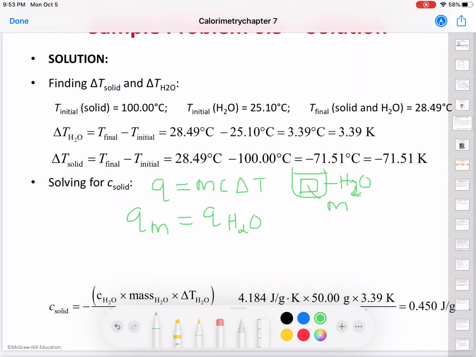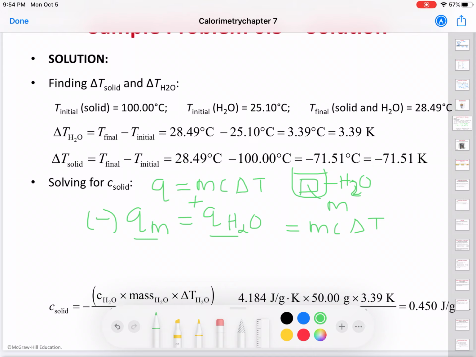So the metal lost heat. Because the metal lost heat, the sign for the metal is negative, and the water absorbed heat, so the water will be positive. So the same quantity, but opposite signs. Okay, and we know we can use mc delta T for Q metal or Q water.